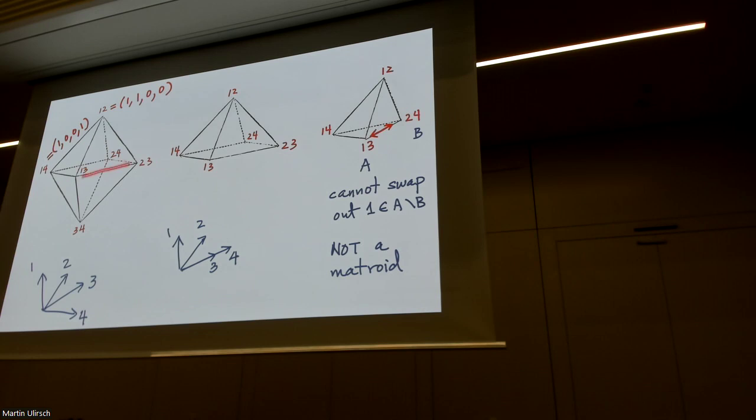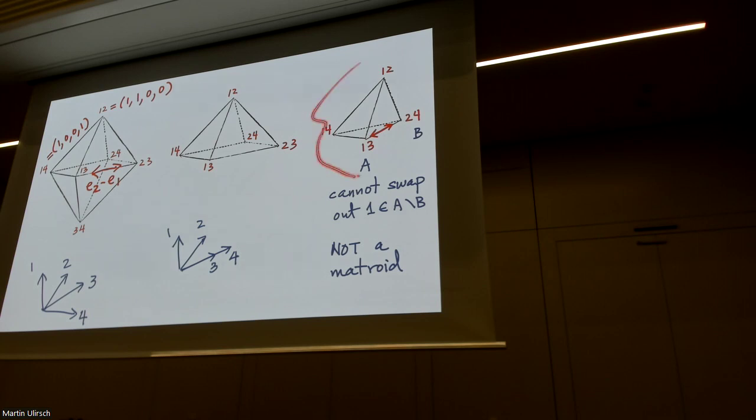So the basis exchange axiom says that if you look at this object called the matroid base polytope, then the edges in this polytope are in the directions ei minus ej. So in this case, this edge is in the direction E2 minus E1. Similarly, if you look at this configuration of 4 vectors, where now 3, 4 is no longer a basis, I have this picture, the matroid base polytope, and the edges are still in ei minus ej directions.